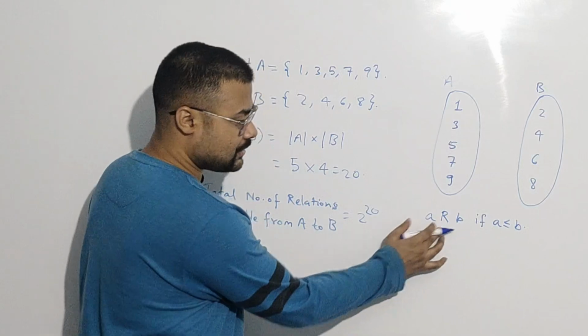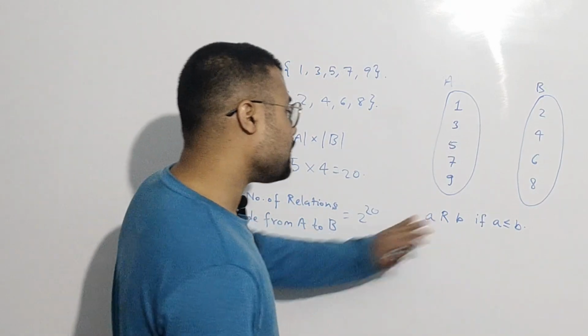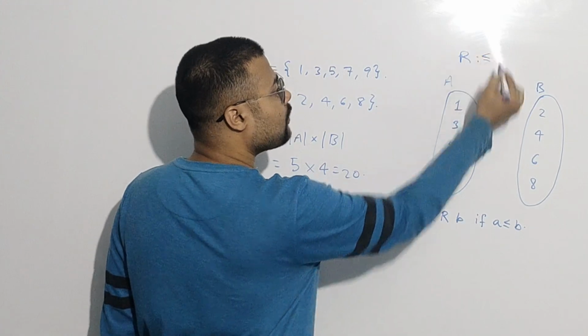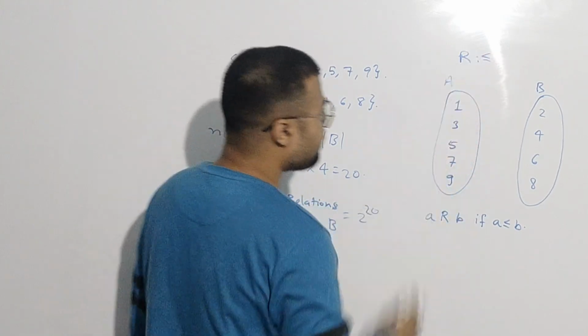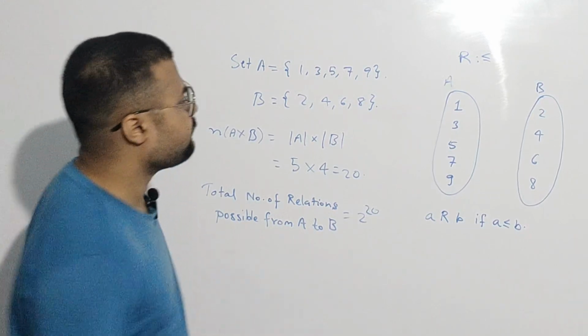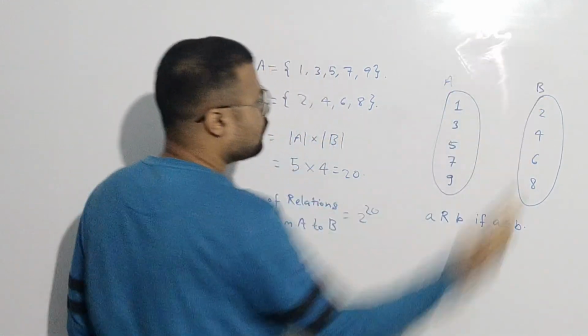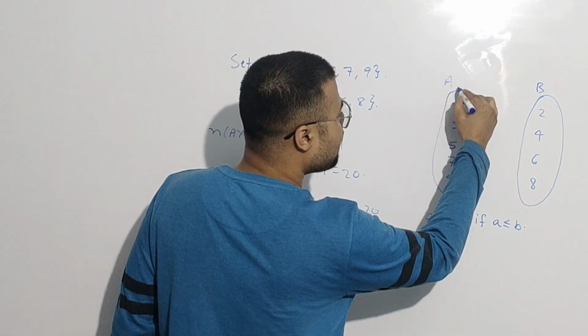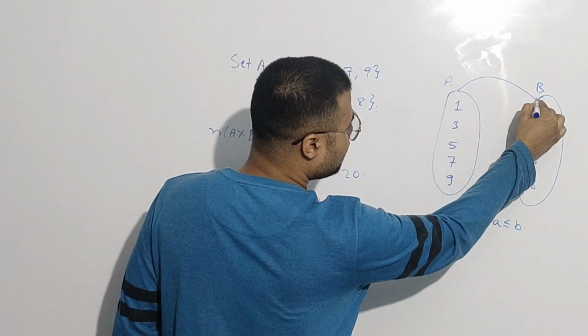If this is your relation R, your relation R is basically less than or equal to. So set A and set B are related by the rule less than or equal to.